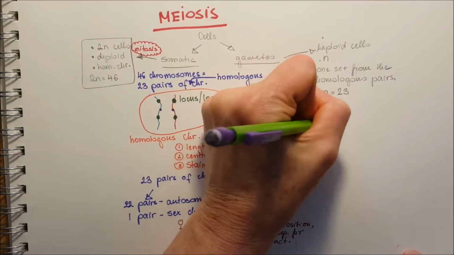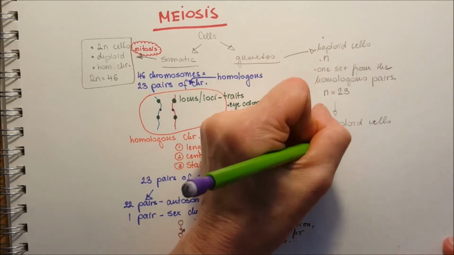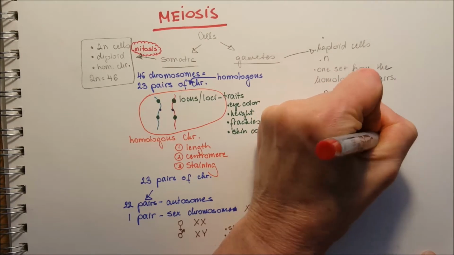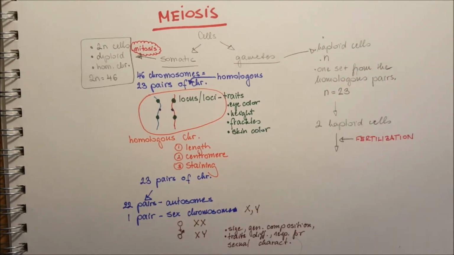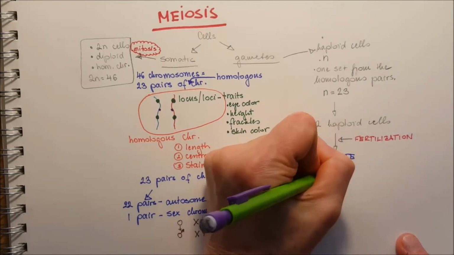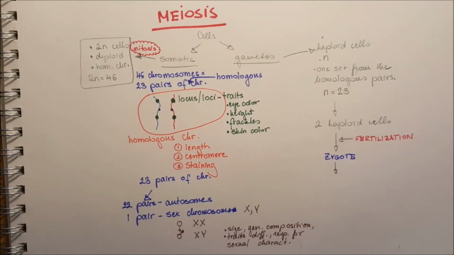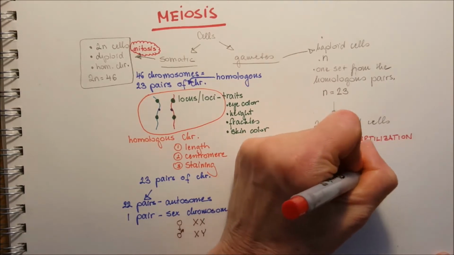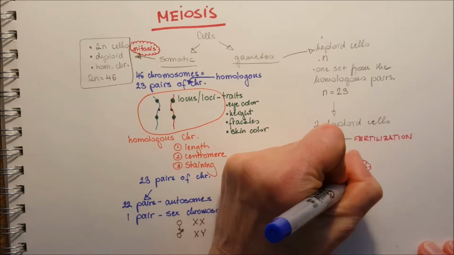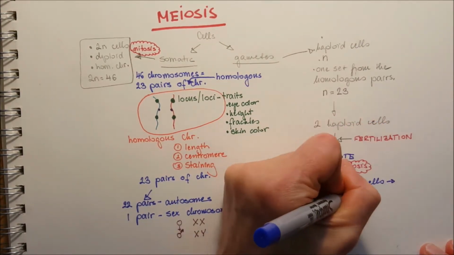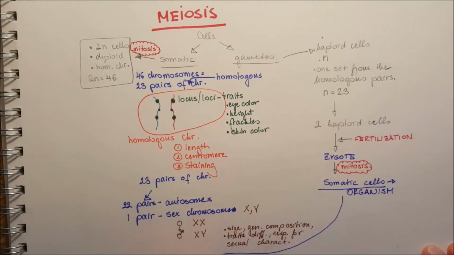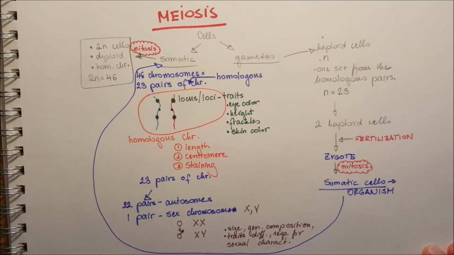Two haploid cells join together through fertilization, like the egg and the sperm, and they form the zygote. The zygote goes through mitosis, and somatic cells will form, and the organism is going to grow and develop and regenerate its lost cells. So the organism pretty much goes through mitosis.